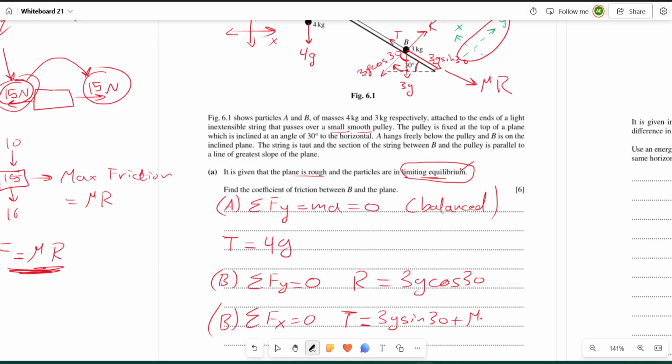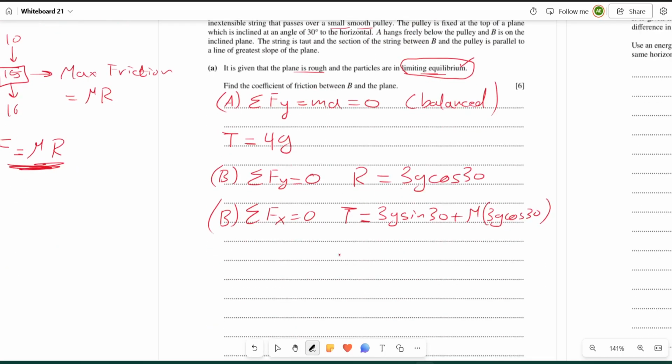So mu times R, which is 3g cosine 30, and I know that tension is 4g, so I can replace this as 4g equals 3 times 10 is 30, sine 30 is half, so 30 times half is basically 15, plus mu times 3g cosine 30.